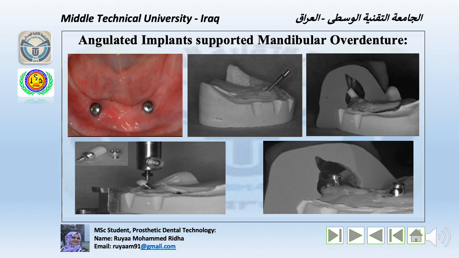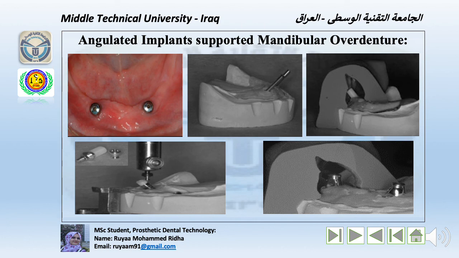Remember, the angulation was approximately 55 degrees from a line perpendicular to the ridge. Fabricate the matrix covering the entire denture and section the matrix vertically over the sites of both implants to evaluate the space available.